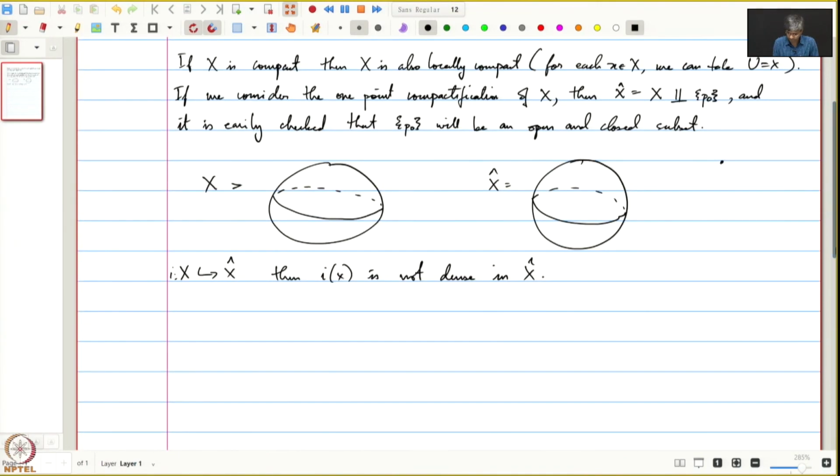So in the previous lecture, we proved the following. So let me just make this P naught over here. P naught is going to be this point. So we had proved the following two results.